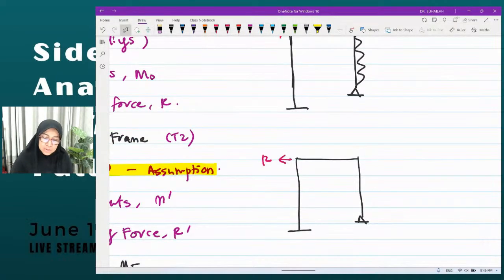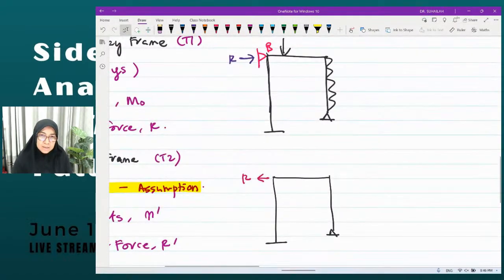These are the two diagrams that we are going to analyze: the upper one is the no SIDESWAY frame, and the lower diagram is the SIDESWAY frame. For the first one, we will calculate FEM due to loading.